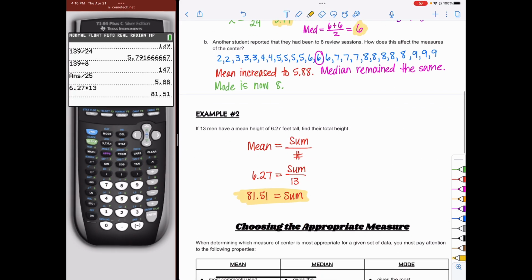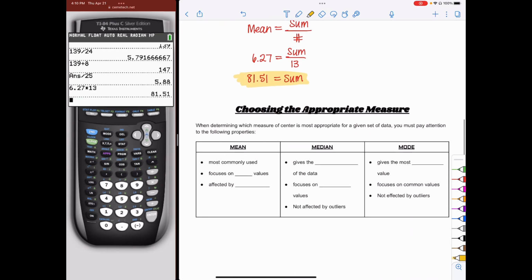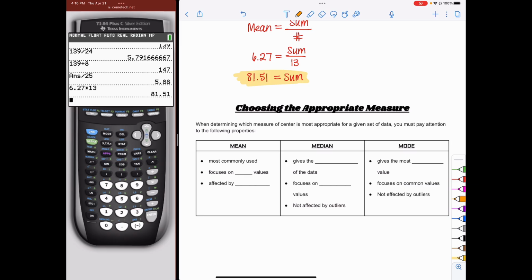So now let's look at choosing the appropriate measure. Whenever you are determining which measure of center is most appropriate for a given set of data, you must pay attention to the following properties. Anytime we use the mean, we have to understand that the mean is the most commonly used measure of center, and it focuses on all of the values.